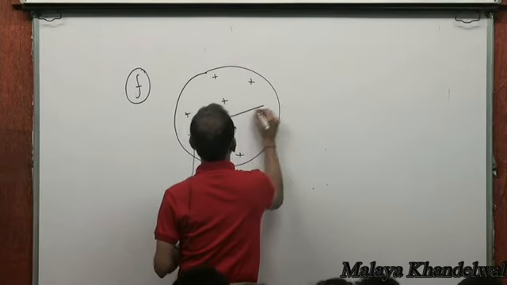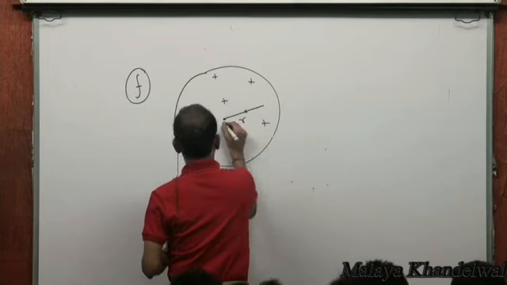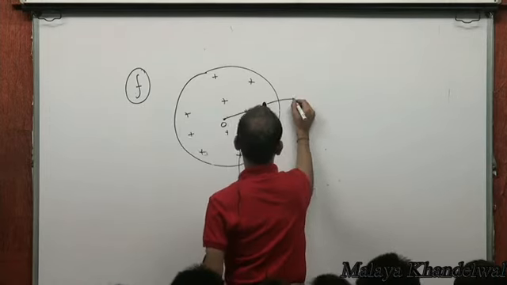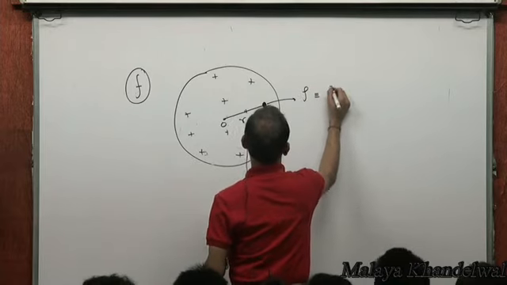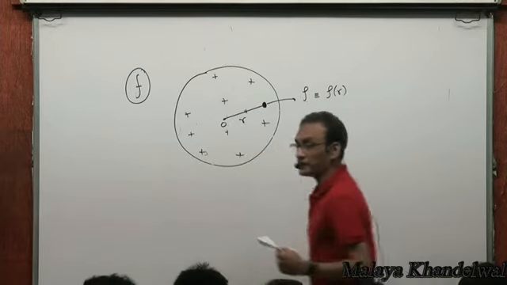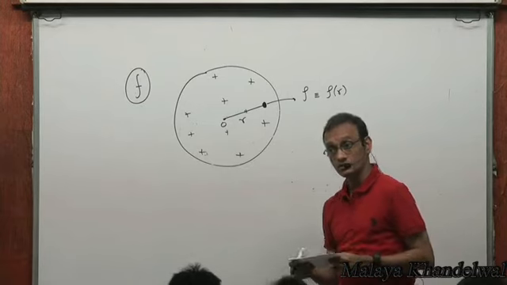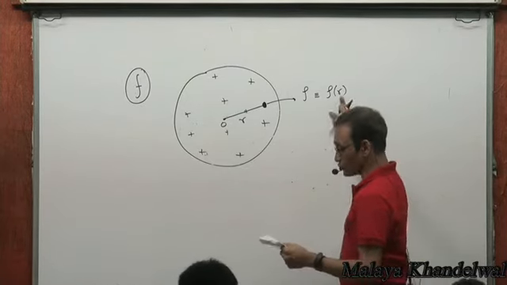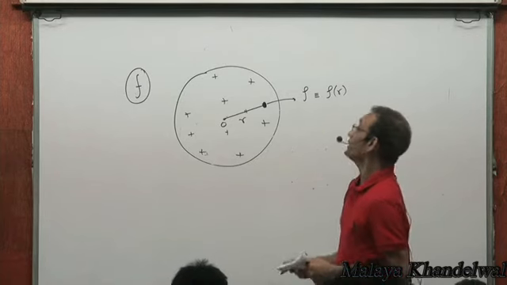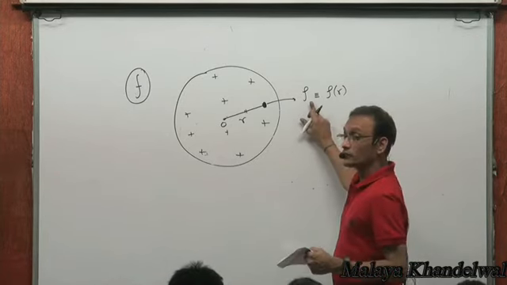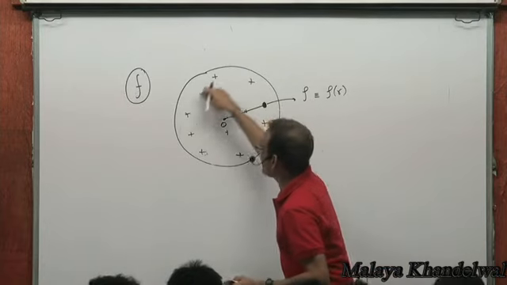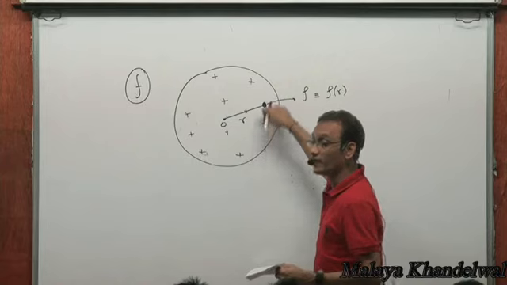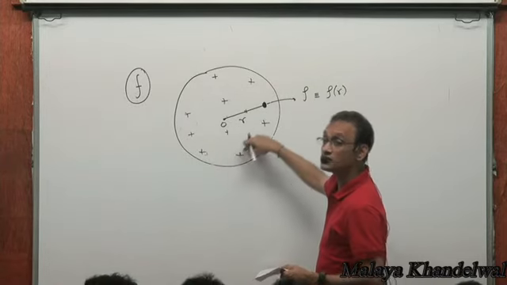At a distance r from the center of this region, the volume charge density would be a function of r alone. Now, it is found that the numerical value of E in this entire region is the same.